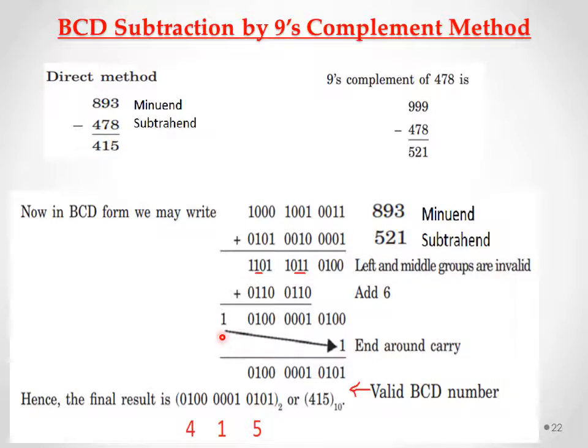In this one, the end-around carry has to be added to the LSB. So the first group becomes 0101. Now the equivalent BCD form is 4, 1 and 5, so it is a valid BCD form.